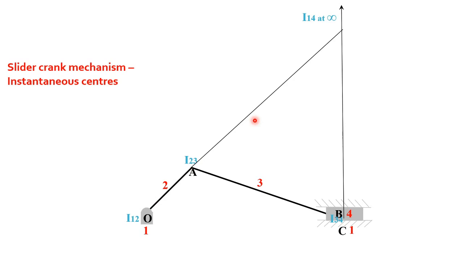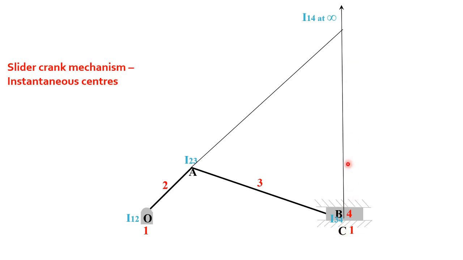Then next we have I14 and I34. Again, listen: I34 is this point B. What is I14? I14 is at infinity only. So you have to draw a line from I34 to infinity. That is this direction, the same thing only.